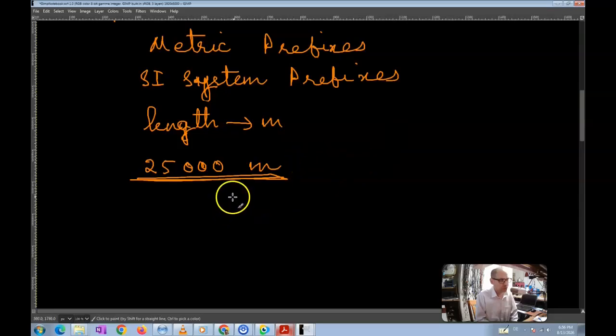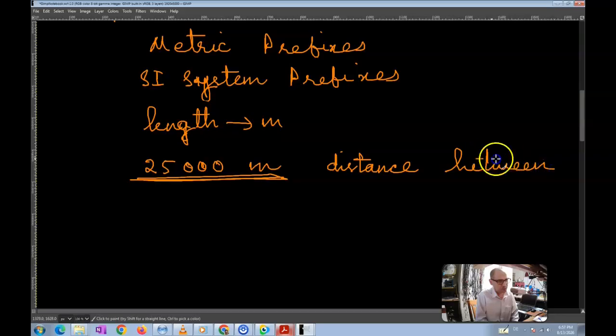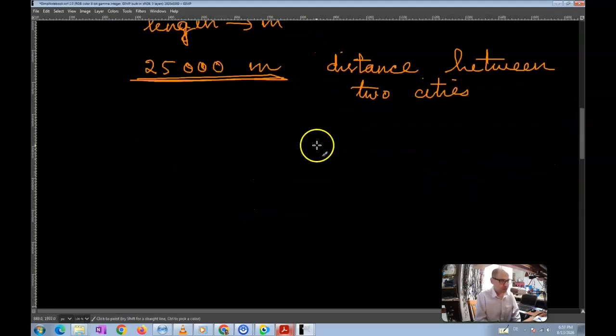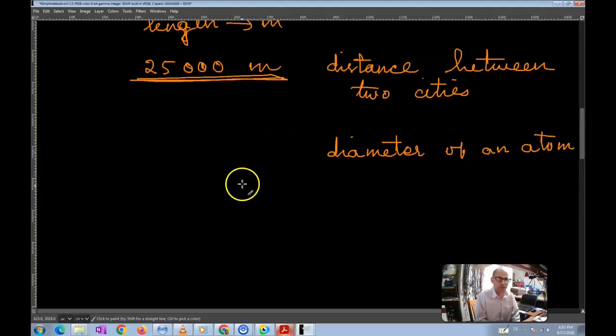On the other hand, suppose that through some technique you measure the diameter of an atom, and suppose that it is something like 0.000000001 meters.